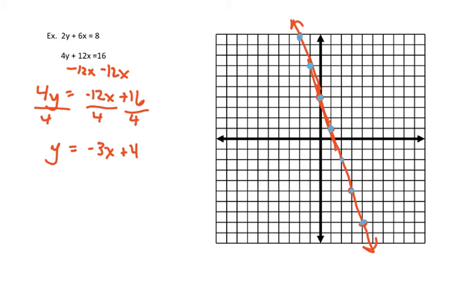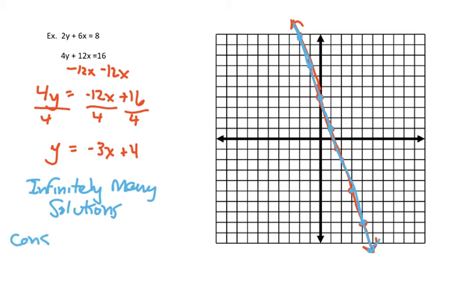This line is going to cross everywhere. So there's not one point where it crosses. There are infinitely many solutions. Not infinity, but infinitely many solutions. That makes this one consistent because it has solutions, but dependent on being the same line.